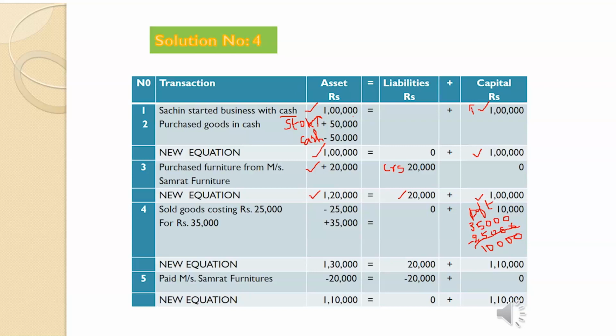The difference between these two, 10,000, is the profit, added with the amount of capital.